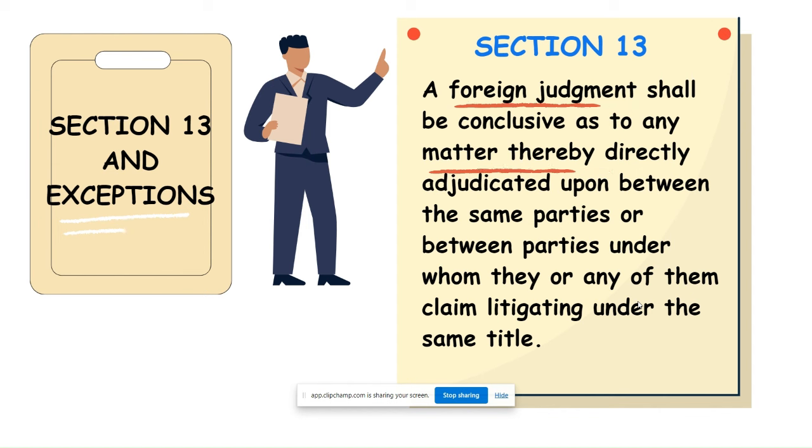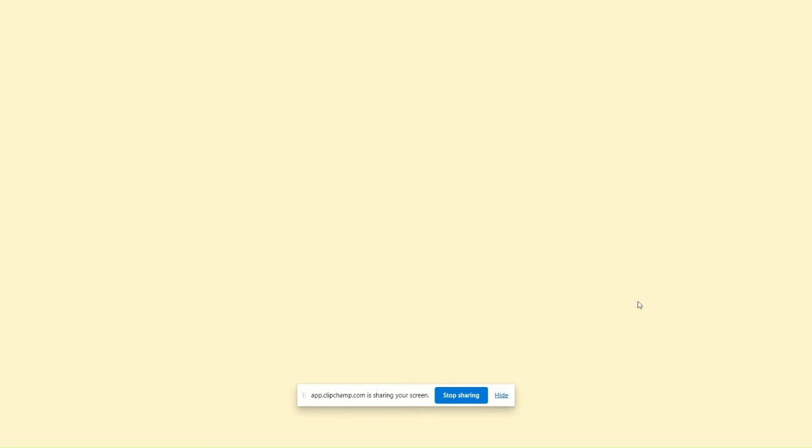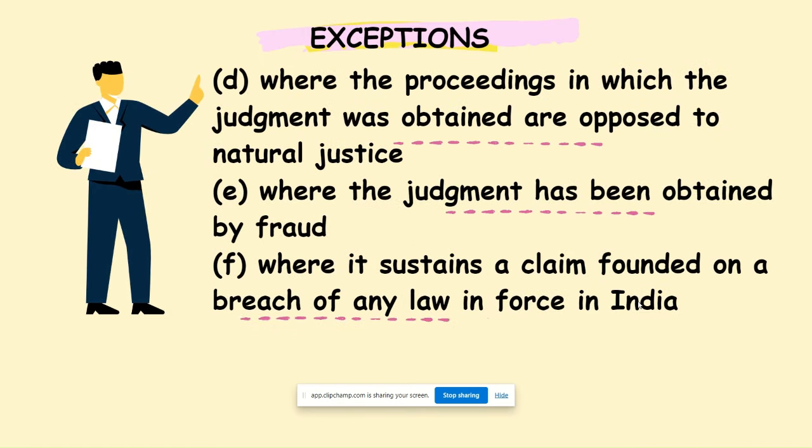But there are exceptions: where it has not been delivered by a court of competent jurisdiction, where it is not on the merits, where it has taken an incorrect view of international law, where natural justice is not followed, or where the judgment was delivered by fraud because of the facts reported like that. So these are all the things in which it can be said that a foreign judgment shall not be conclusive.